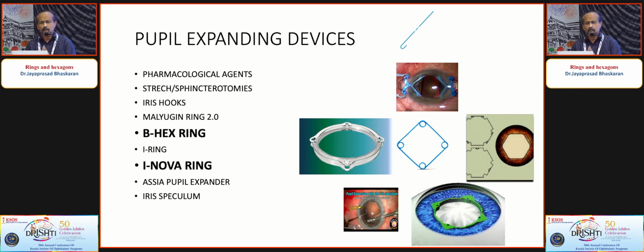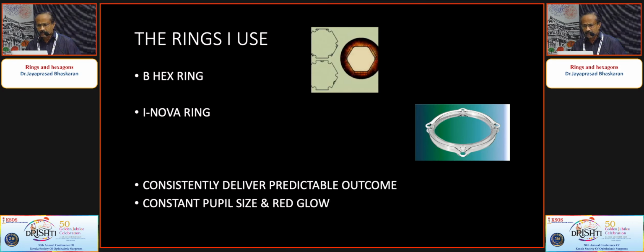So let me confine today's talk to just 2 of them which I regularly use, namely the BX ring and the Inova ring. These 2 rings in my hands give a consistently predictable outcome, and the constant pupil size and the red glow make my life more comfortable in all types of cataracts, particularly soft cataracts.